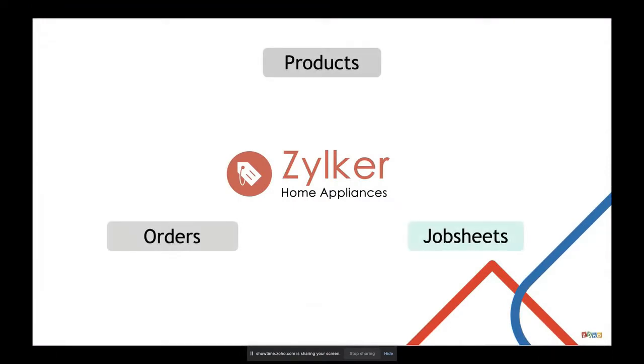Coming to a view of why we can go for a page. Let us understand there's an application called Zilker Home Appliances, and it has multiple functionalities associated to it, and each functionality will have multiple forms associated. So, for example, there will be products, there will be customers who are placing orders, and there will be job sheets assigned to a technician who has to go and service those orders.